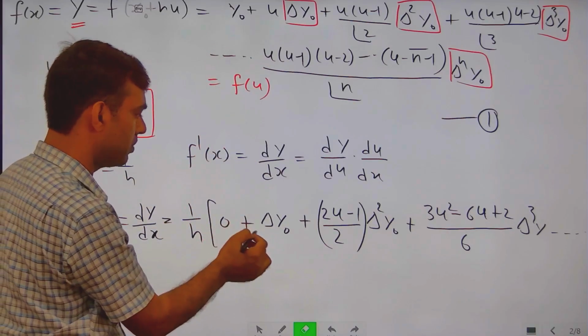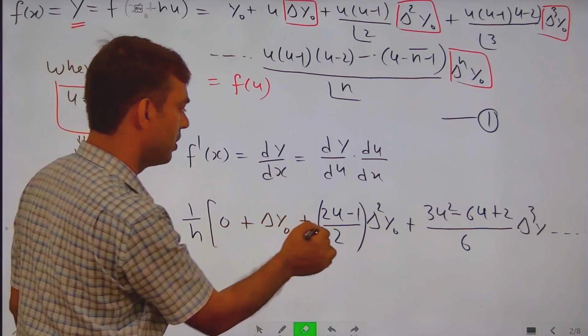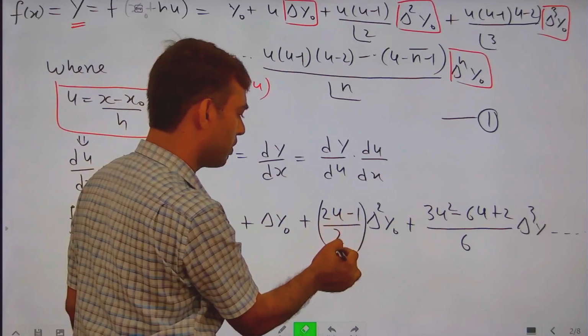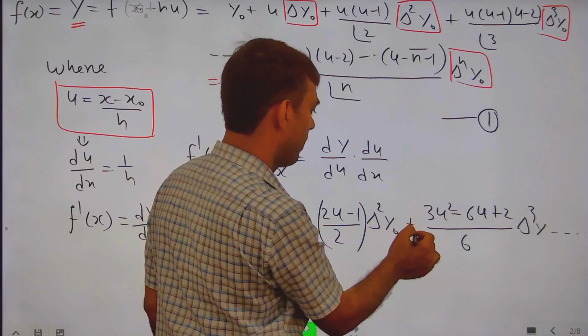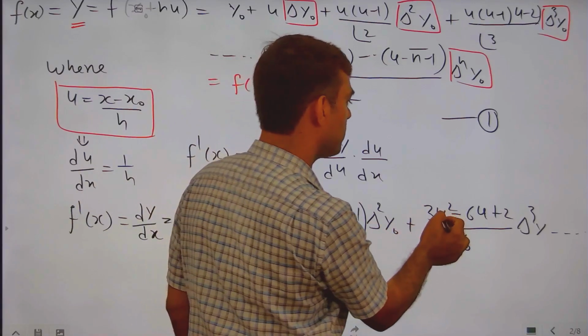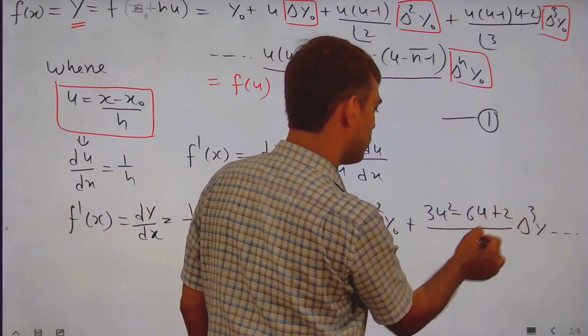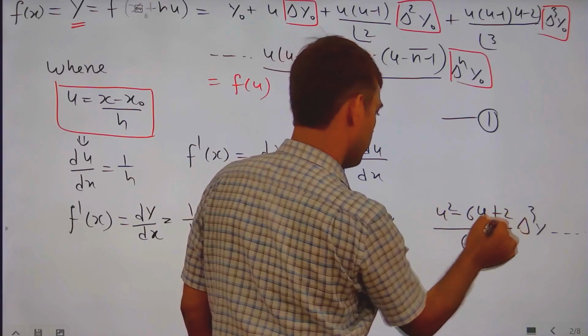The first term becomes 0, the second term becomes del y0, the third term becomes 2u minus 1 upon 2 del 2 y0, and the fourth term becomes 3u square minus 6u plus 2 upon 6 del 3 y0.